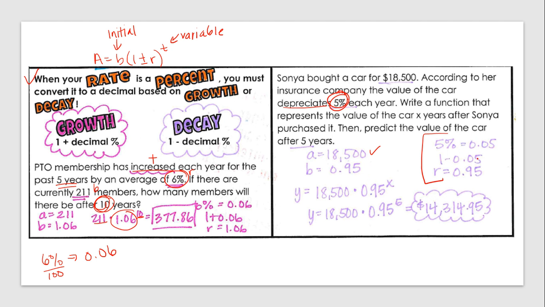So 1 minus 0.05, because this is decay, we do 1 minus the decimal, we get 0.95. So here's my function: 18,500 times 0.95 raised to the x, and I want to make a prediction after 5 years, so I plug in 5 for x. All right, so that wraps up our section on exponential functions.